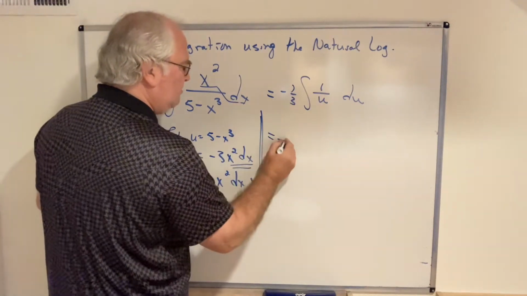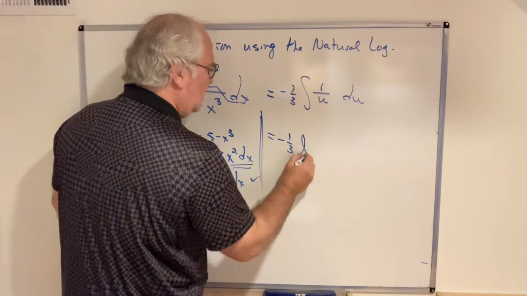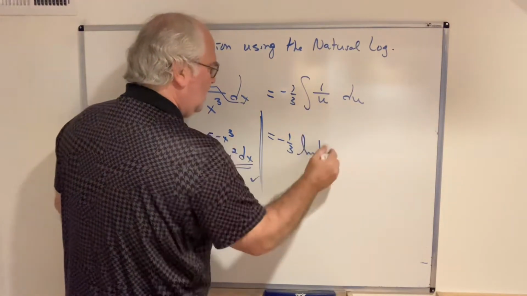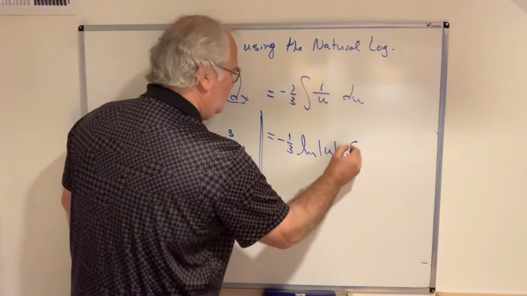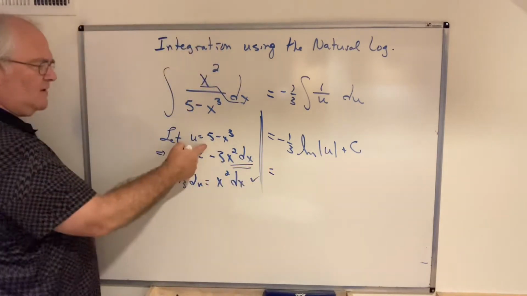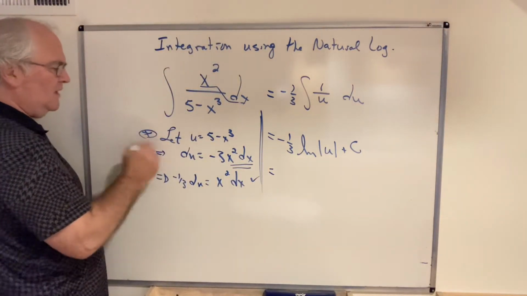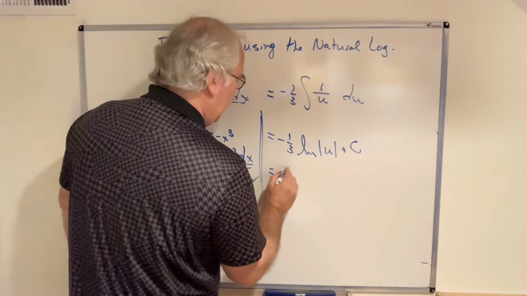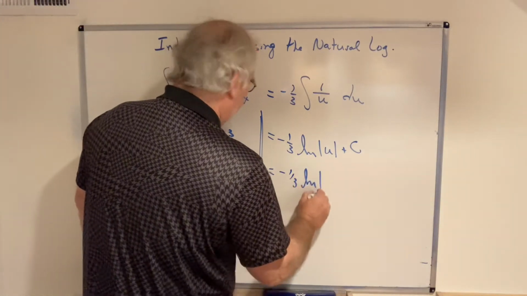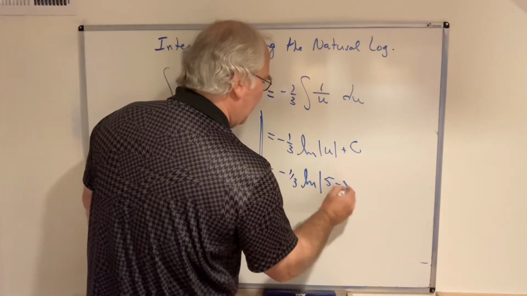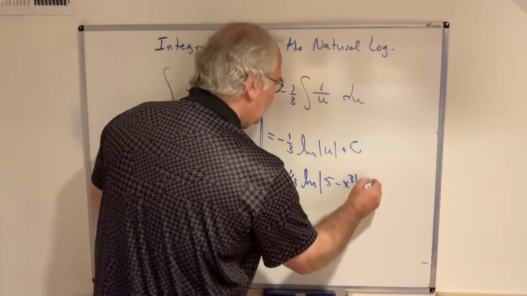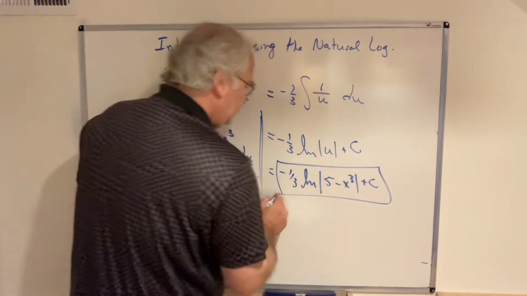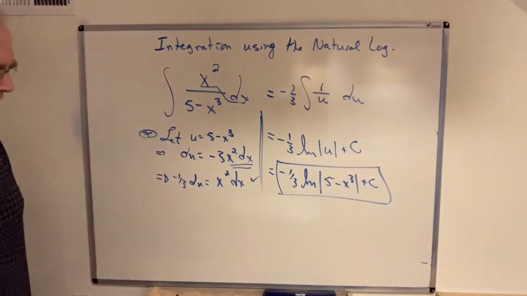The constant multiplier multiplies along: natural log absolute of u, and then go back to the original variable from the let statement. So this is negative 1/3 natural log of absolute 5 minus x cubed plus the constant, and we're out. You could rewrite that in several different ways. We're just going to leave it like that.